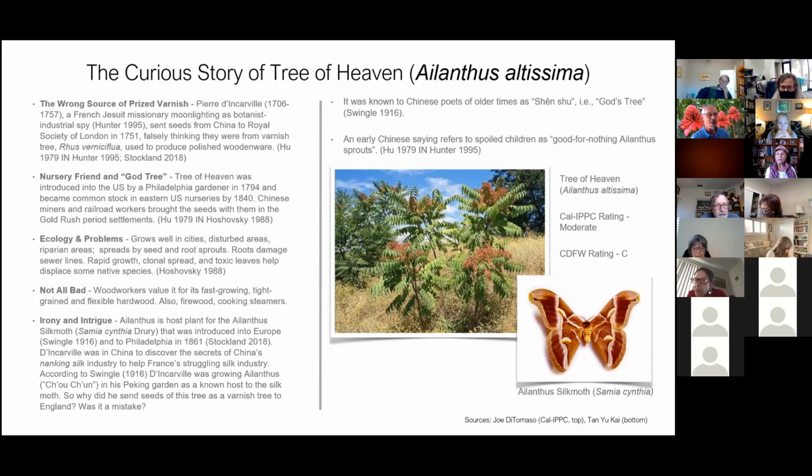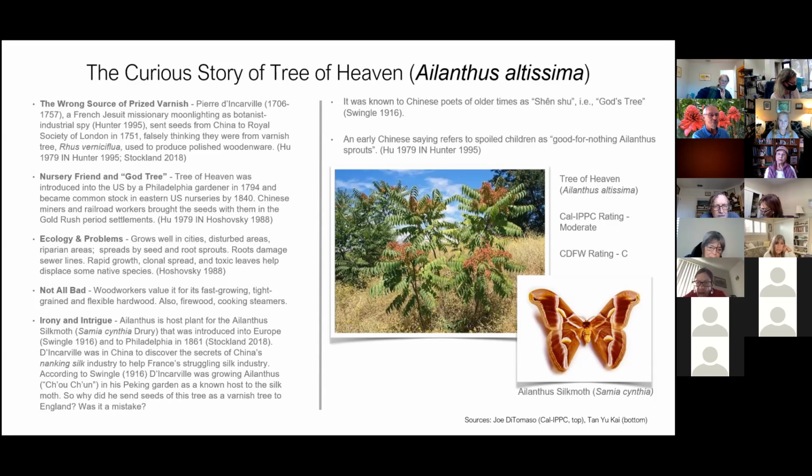And by the time they figured out it was actually a disaster because its roots were cutting through and clogging the sewer lines, breaking them, it was already exported to the United States, and by the mid-1800s, it was common in US nurseries. Similarly, in another introduction, the Chinese, just like Europeans and others who brought in their favorite plants, brought in their favorite plants when they built the railroads.